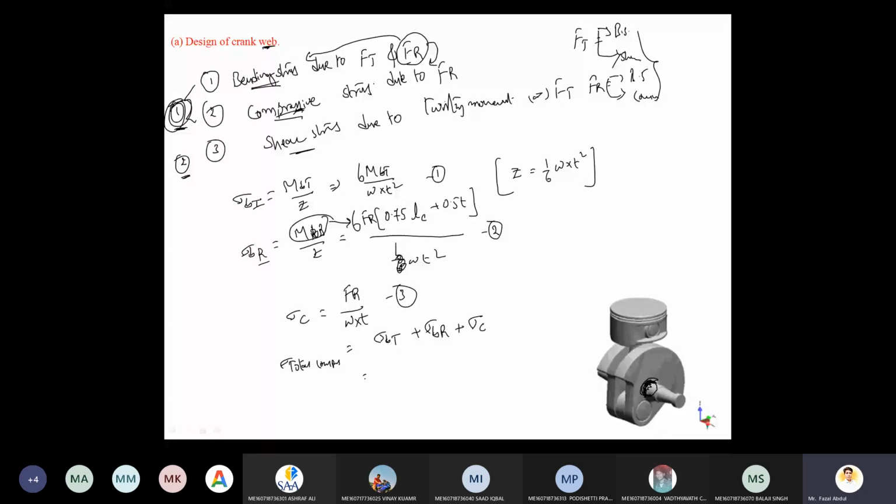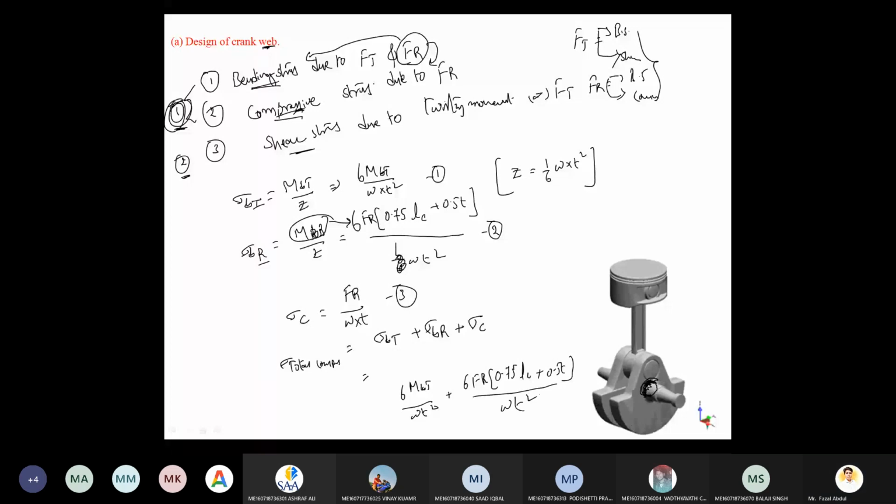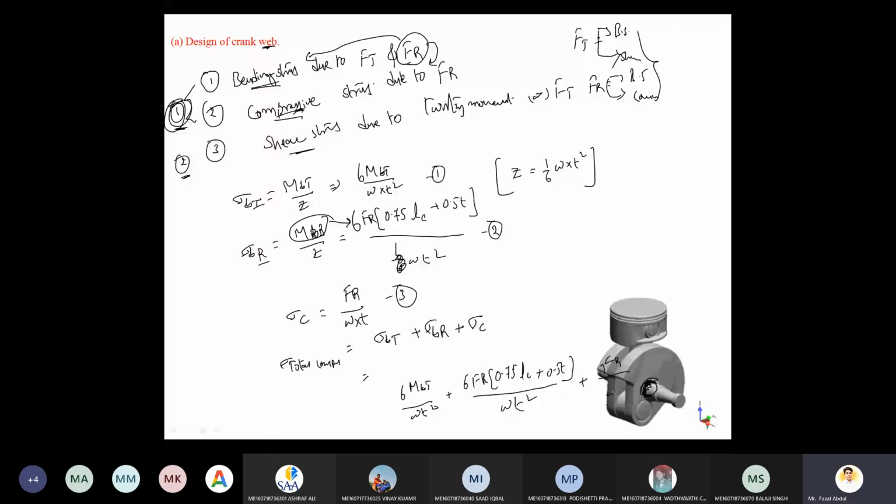So I'm writing here: 6 MBT by W into T square plus 6 into Fr into 0.75 into LC, length of the crank pin, plus 0.5 into thickness of the crank web, by W into T square, plus Fr by width into thickness. This is the equation for the total compressive stress or total direct stress.